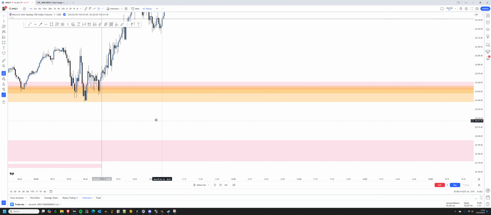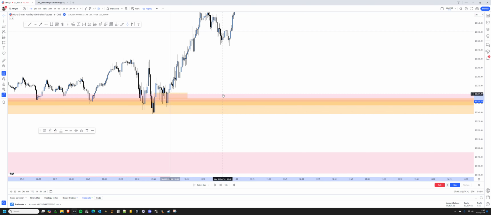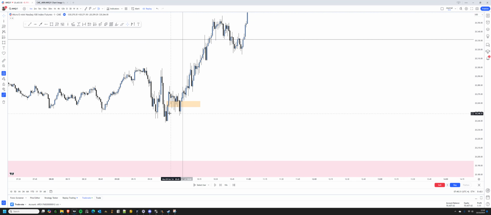Had all this, and then I saw, as I put in the post, all these wicks reacting off this FVG here. Let's get rid of my H11 levels quickly. We came down, but we immediately closed above these wicks and recaptured this FVG.